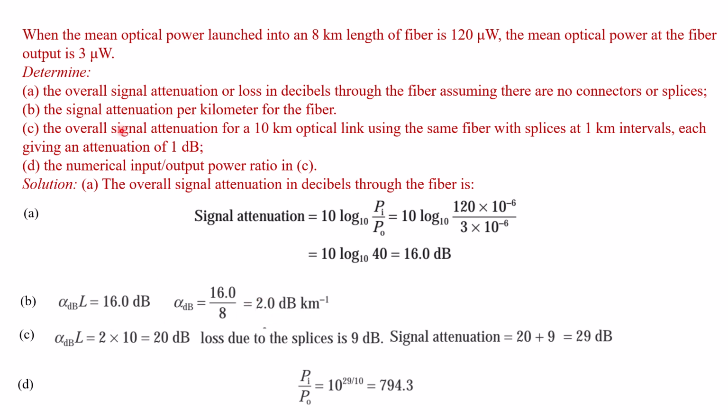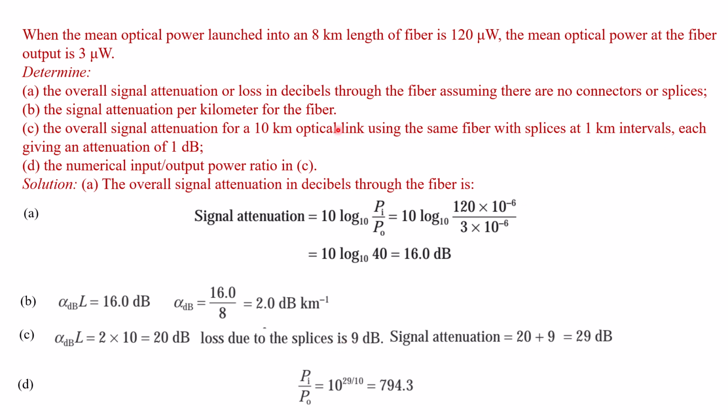The third question was, if the fiber length was 10 kilometer, then the corresponding attenuation should be attenuation per unit length into length, that is 20 dB, right? Now the point is, the loss due to the splices is 9 dB. How?